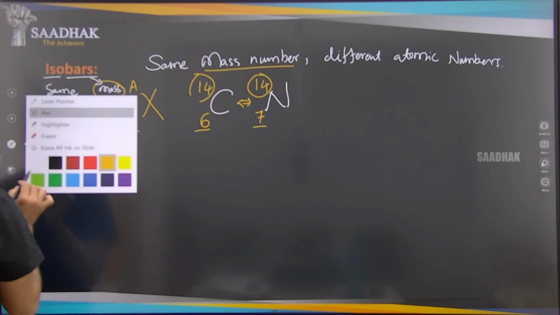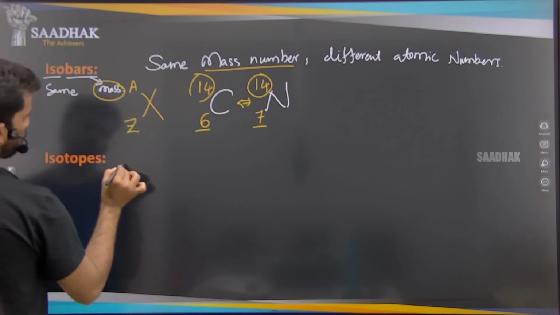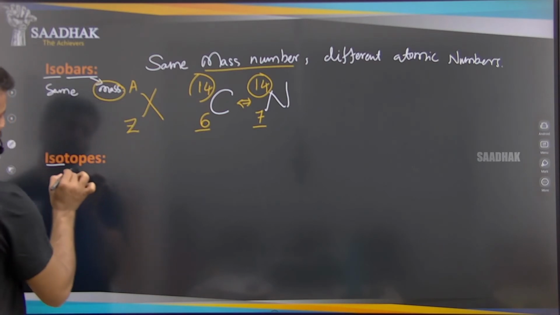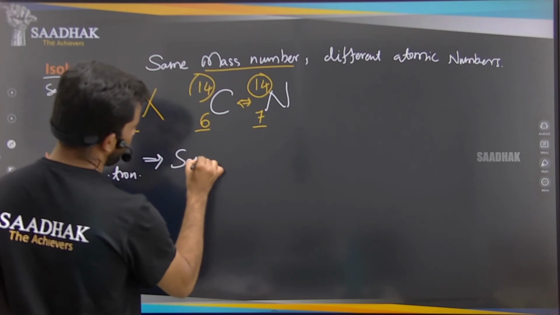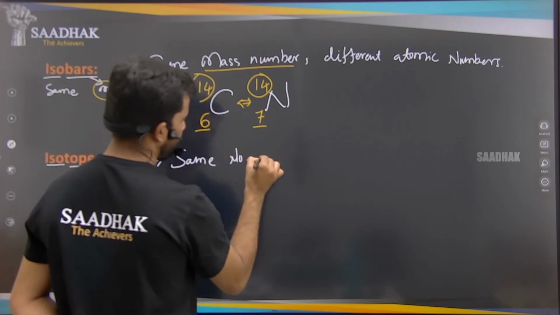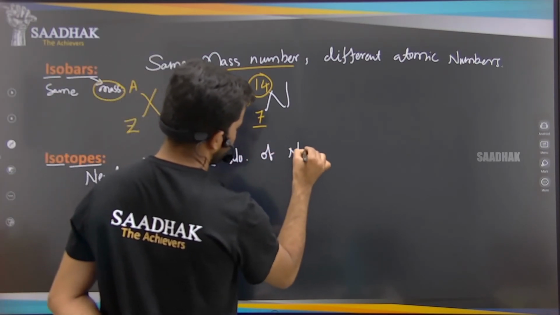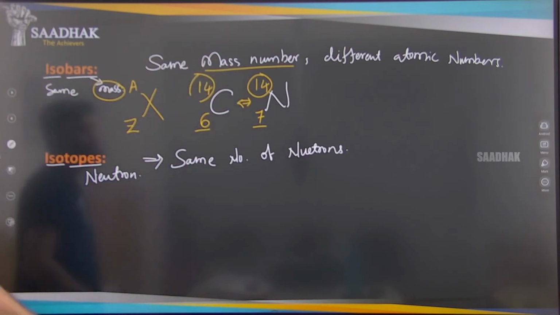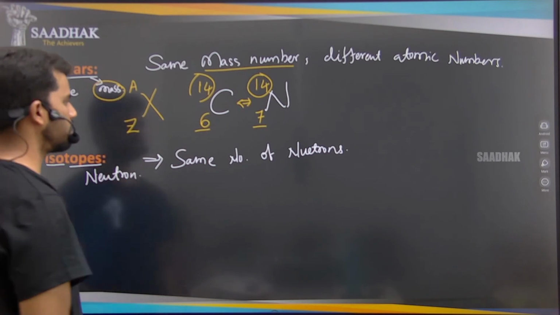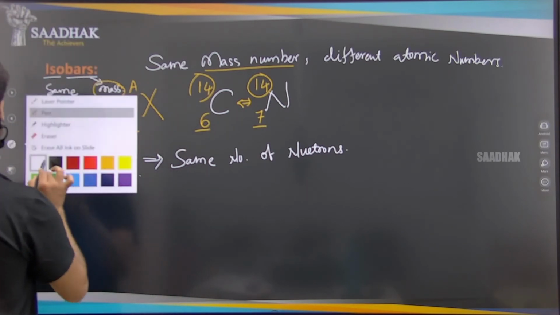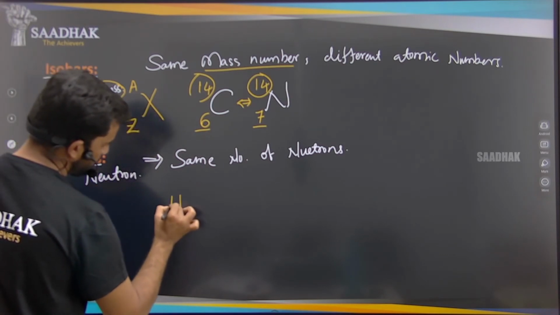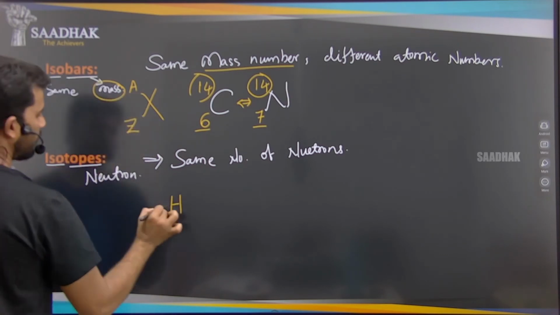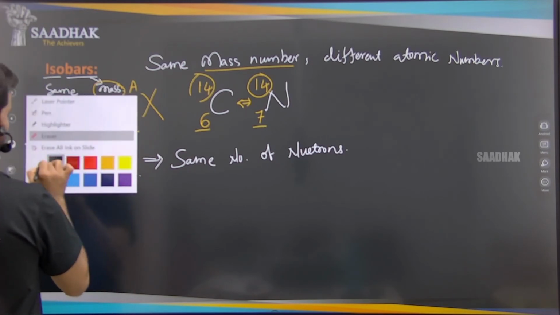Next, come to the isotopes. Iso means same, and topes refers to the same number of neutrons, so same number of neutrons is nothing but the isotopes. Why? For an example, I will take an atom of hydrogen. First, I will explain how these will be different.